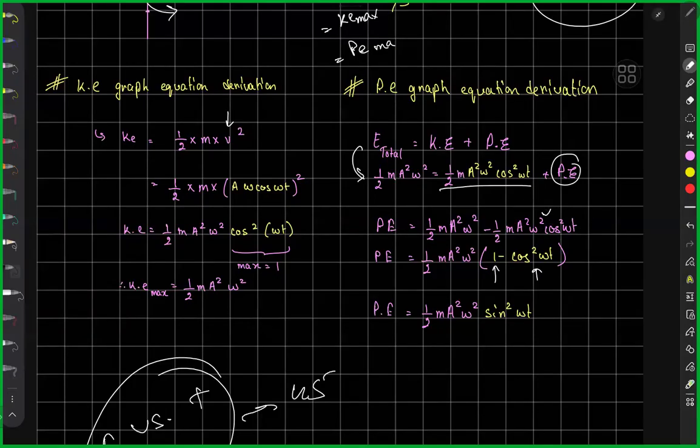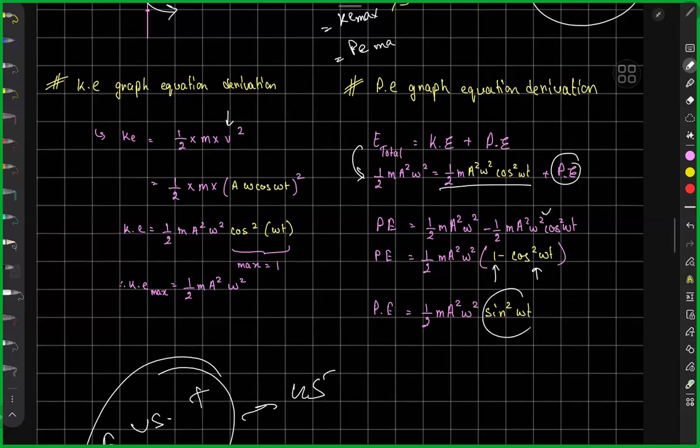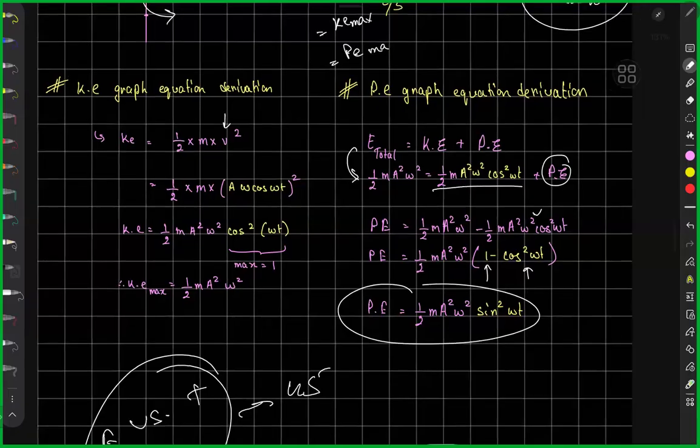Now, what can you define 1 minus cos square omega t as? It's very simple. It can be defined as sine square omega t. Trig identities, right? So now I have the expression for how potential energy changes with respect to time.